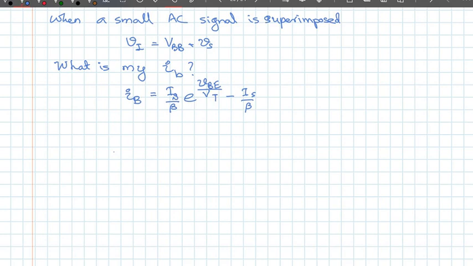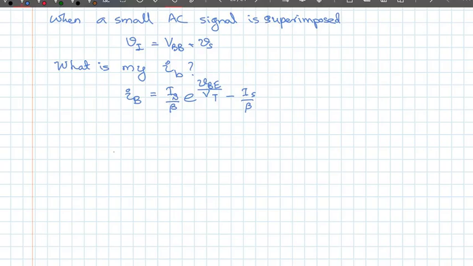Now this equation is valid only for, in this case we are going to look at it for the active linear region. So therefore the maximum base current that we need to limit is the maximum IC divided by beta, right? Because beyond that IB can actually grow but IC will not.